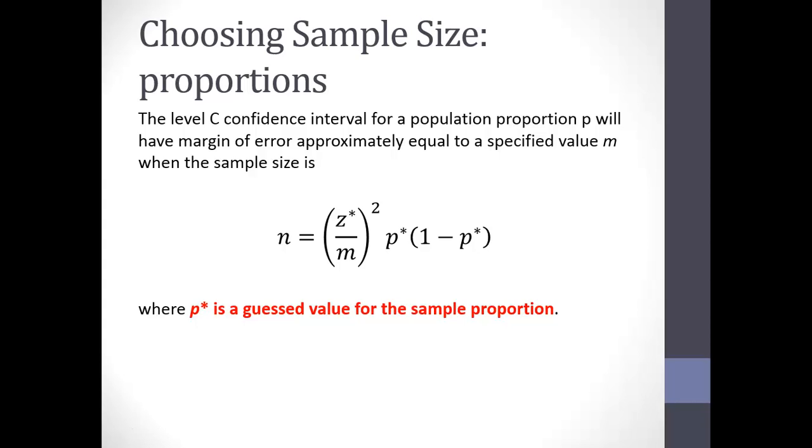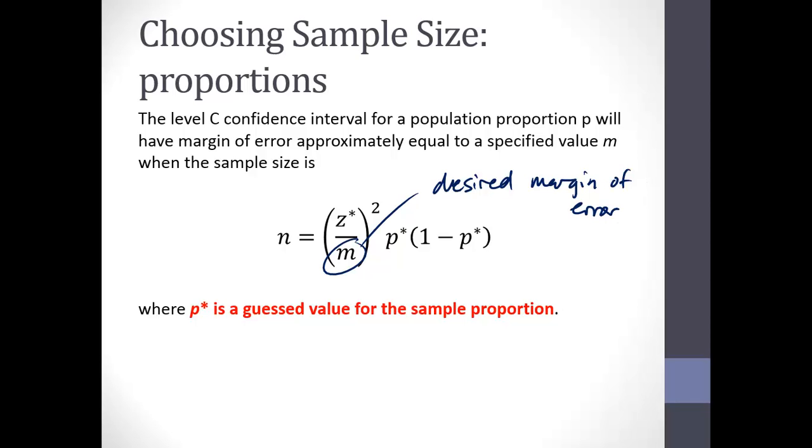If we are in the planning stages of our study, thinking about doing a survey or a poll, and we want to estimate the true proportion within some margin of error, this is the formula that we can use. So our sample size n is going to be equal to z star divided by whatever that specified margin of error is. So this is our desired margin of error.